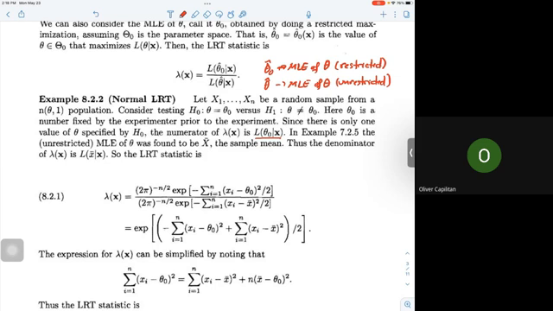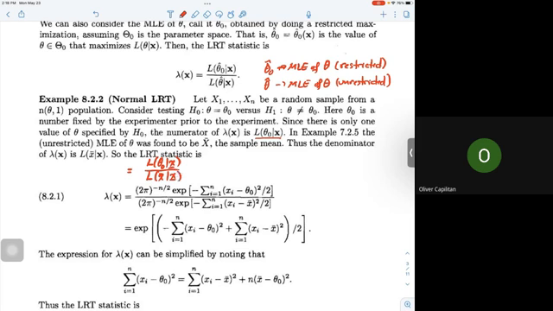Okay, so the likelihood ratio test statistic is, we can write the numerator: we have L of theta sub 0 given our sample x, and then the likelihood function using the maximum likelihood estimate x bar given our sample x.